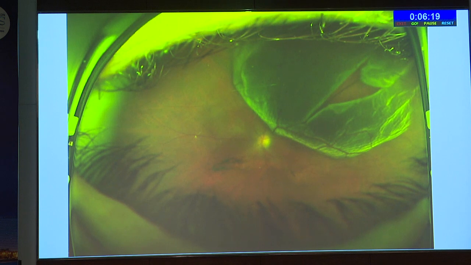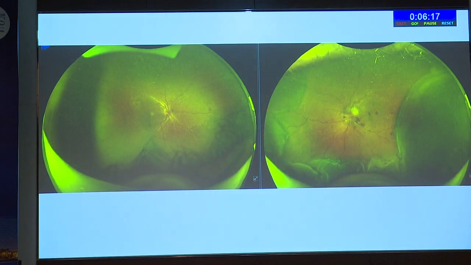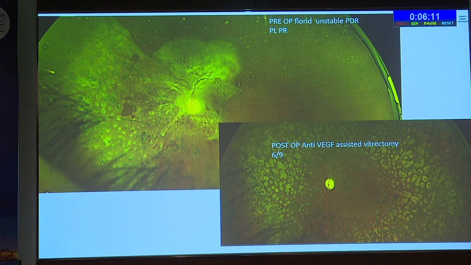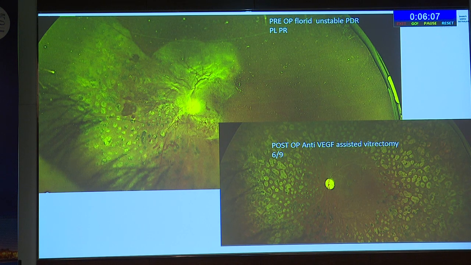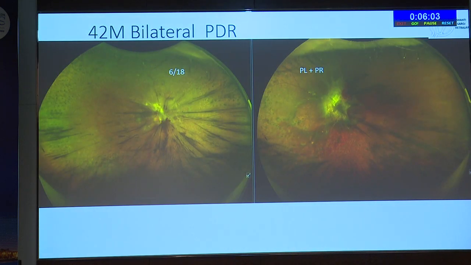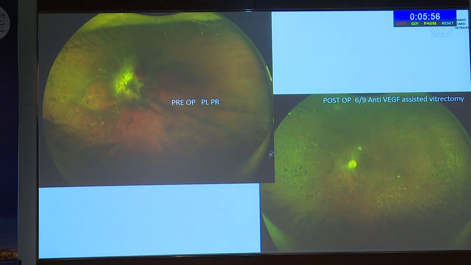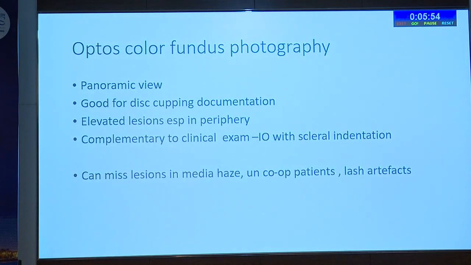Again, this is a peripheral choroidal detachment, which can be picked up only with ultra wide field imaging. It is an excellent tool for documenting your pre and post interventions. It is also excellent in the presence of a vitreous hemorrhage, where traditional fundus photography cannot do it. So it provides a wonderful panoramic view.